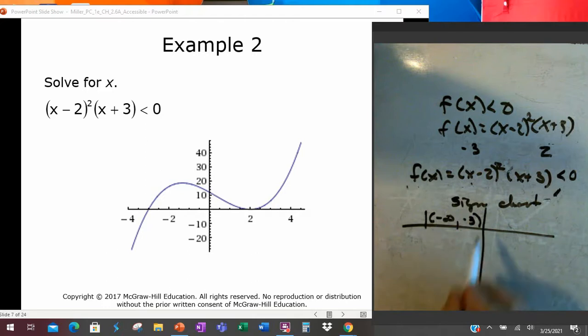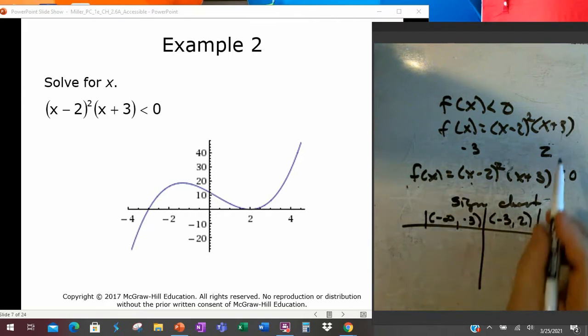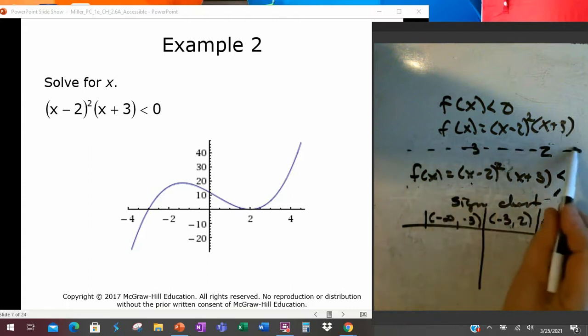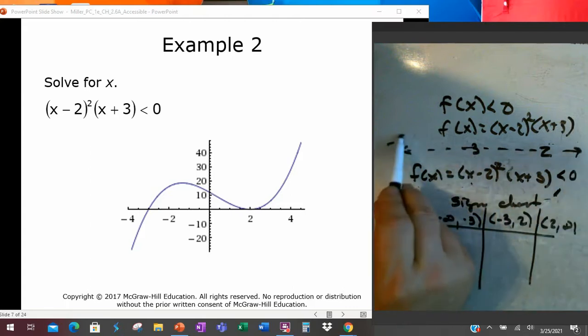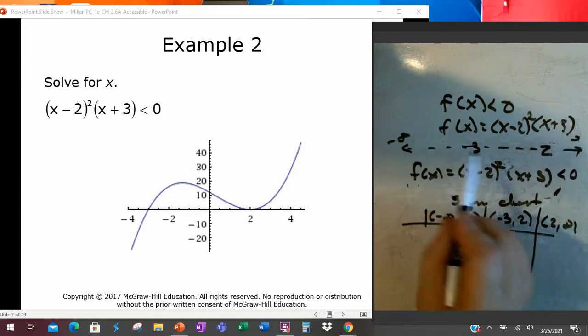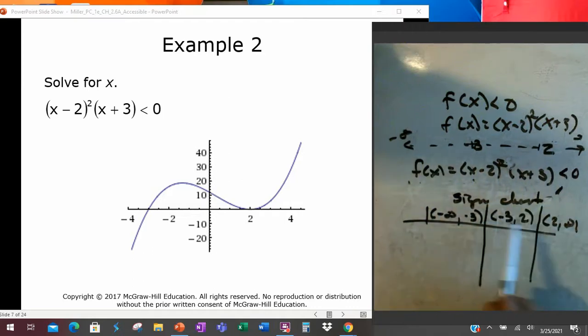This would be including -3, and then the interval -3 to 2, and then 2 out to infinity. So this is like if I put a little number line here, -infinity out to infinity, and I just do these intervals between these points, okay? That's what I've done here.